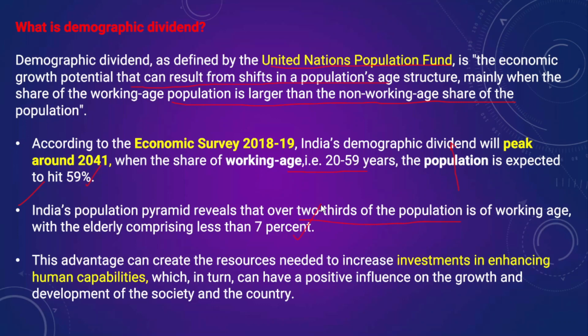And this number has been gradually increasing, and over a period of time India can also experience an increasing elderly share of non-working age population. However, at this point in time, India has been enjoying the demographic dividend and its benefits, and it will peak by the year 2041.